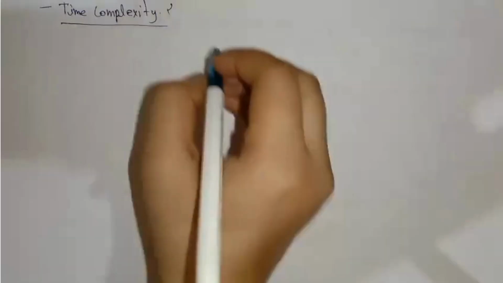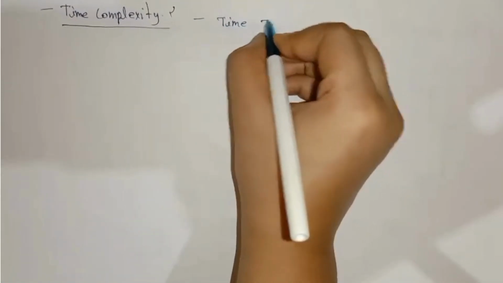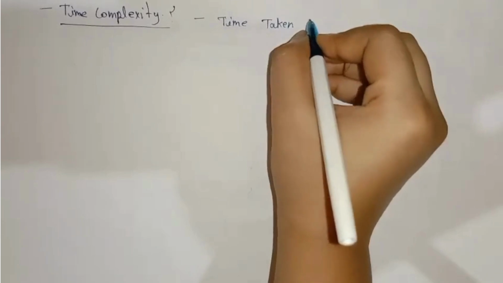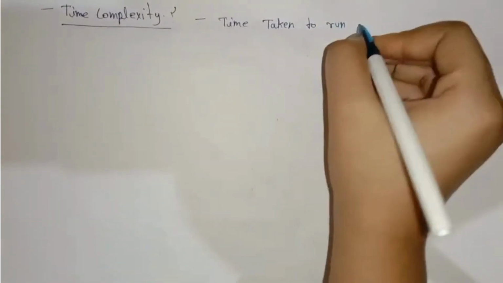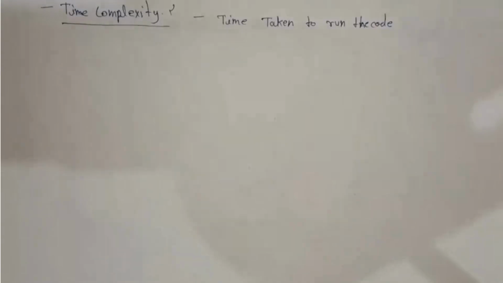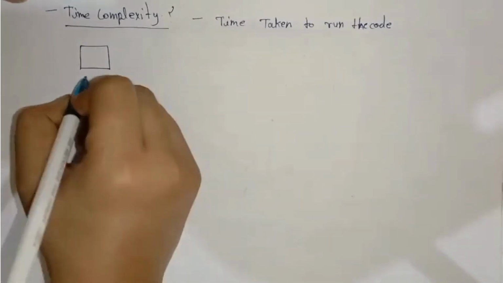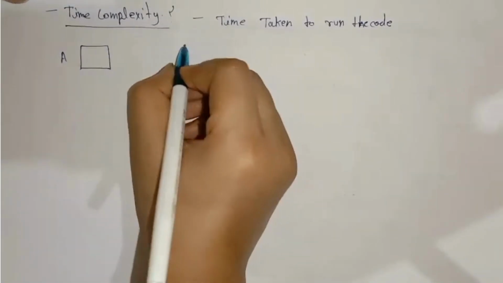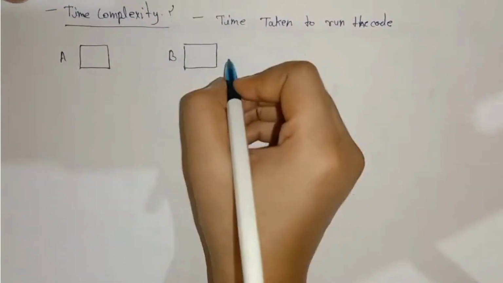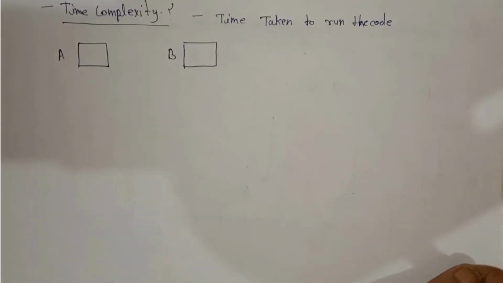What is time complexity? Generally, what we understand is the time taken to run the code. Is it correct? Let's assume there is a person named A who has a MacBook, and person B has a 10-year-old laptop like a Dell.